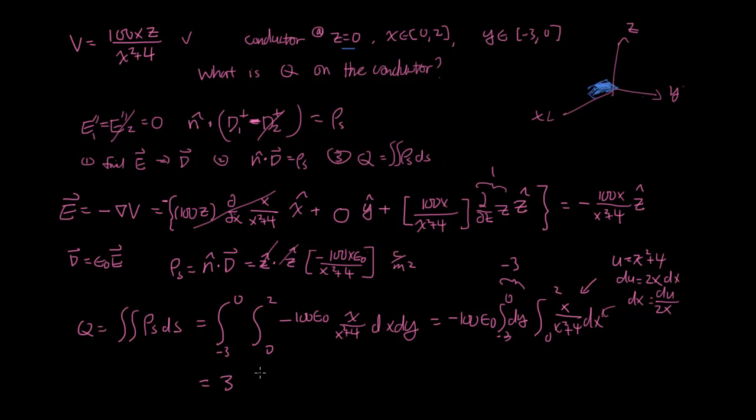I'll multiply this negative 3 out, so I get 300 epsilon naught. And then I have x times 1 over u, and then I have du over 2x. These x's cancel out.